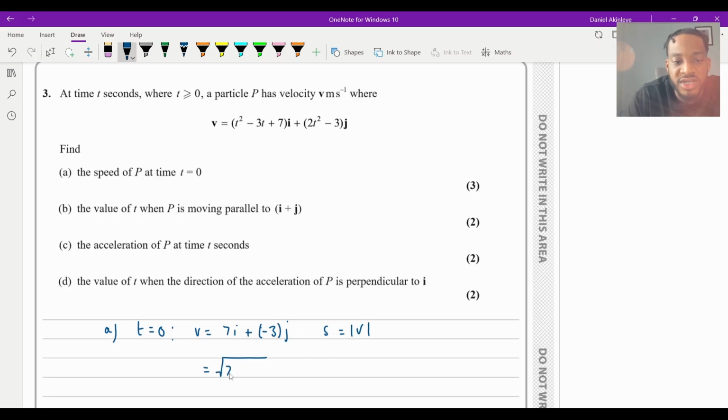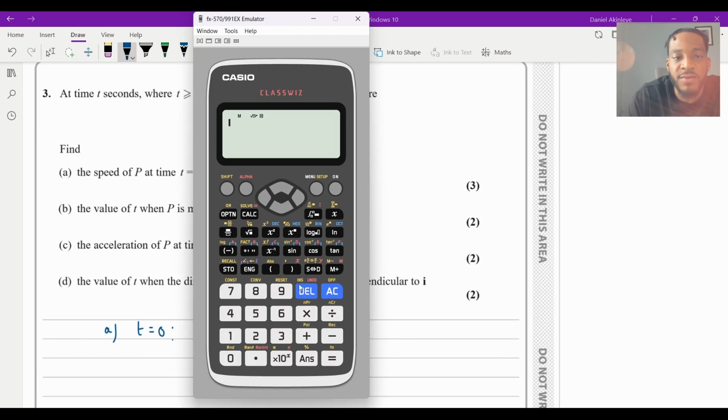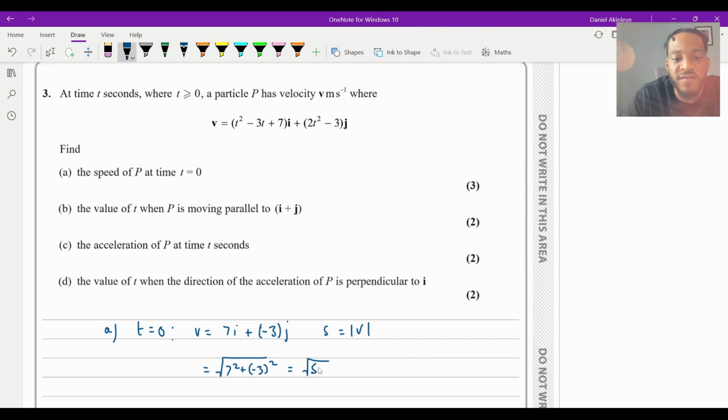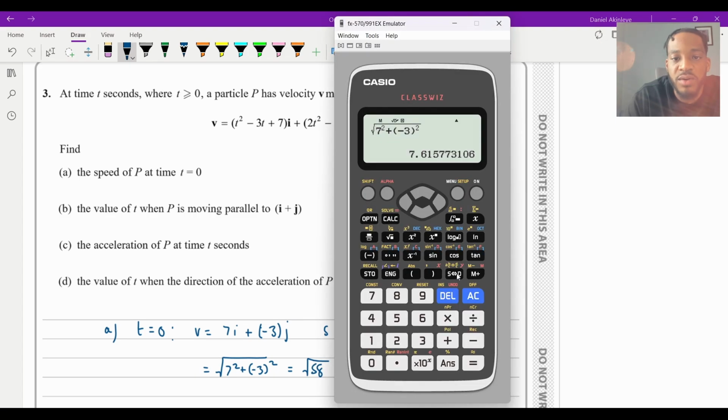It's going to be 7 squared plus minus 3 all squared. Putting this into my calculator gives us root 58. And to three significant figures, that would be 7.62.